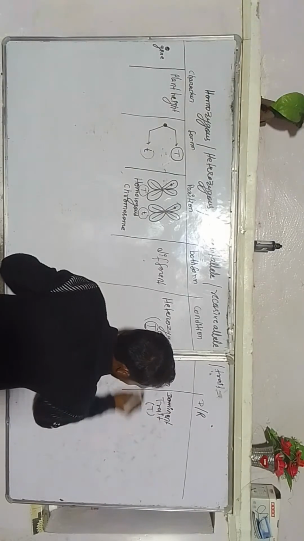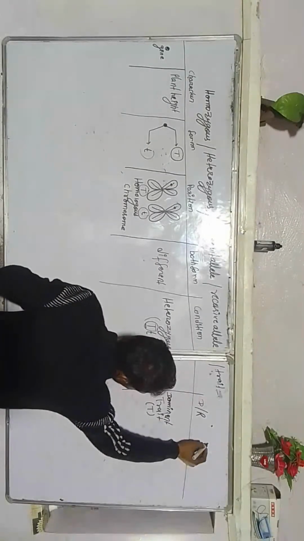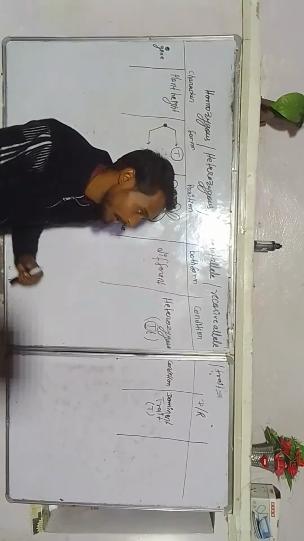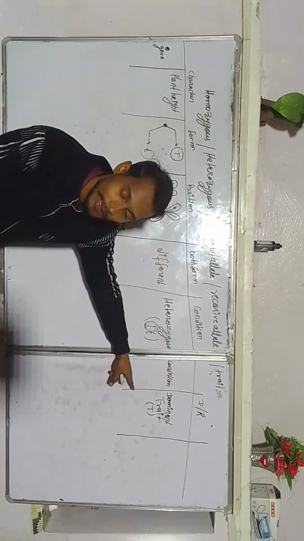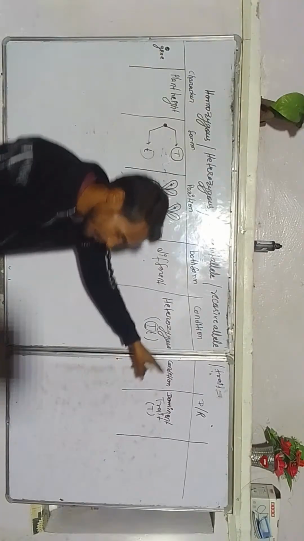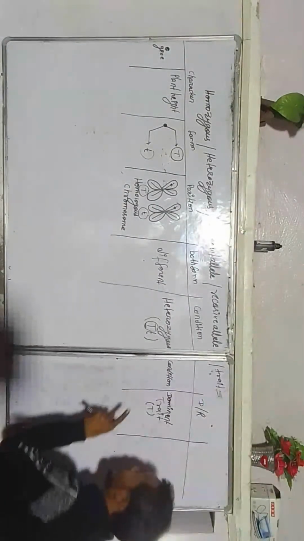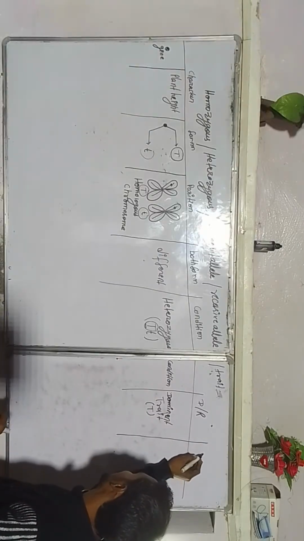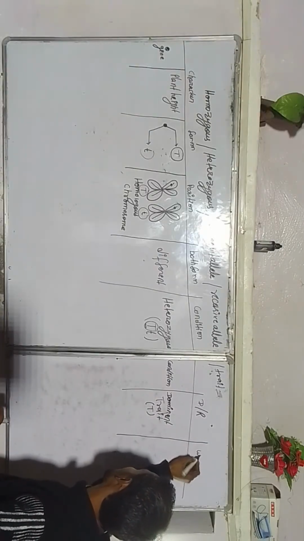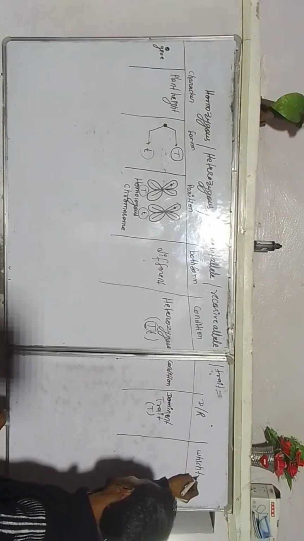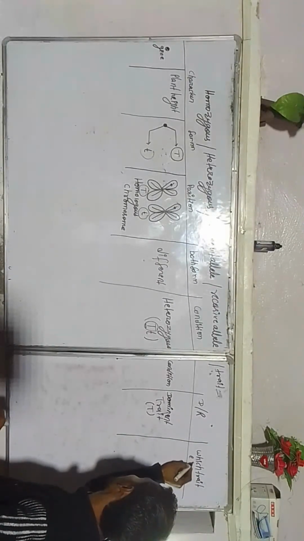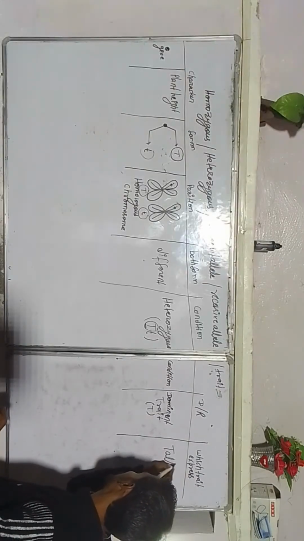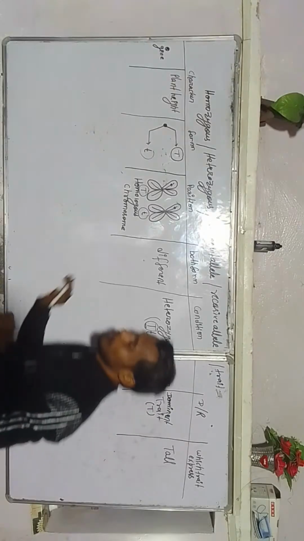Dominant trait, capital T. And when the dominant trait comes here, the offspring will be tall. Which trait is expressed? It is tall. You got it?